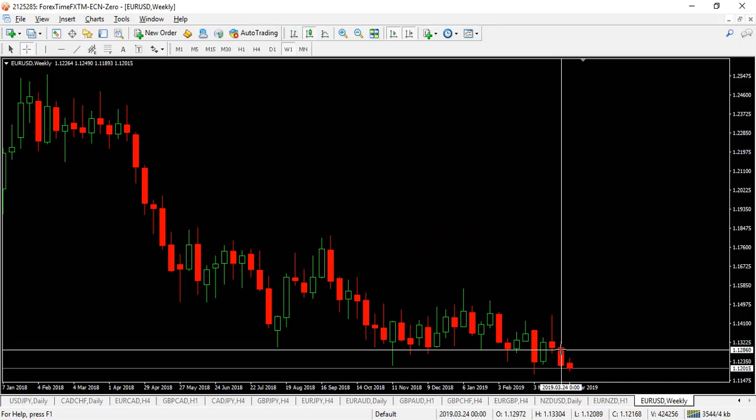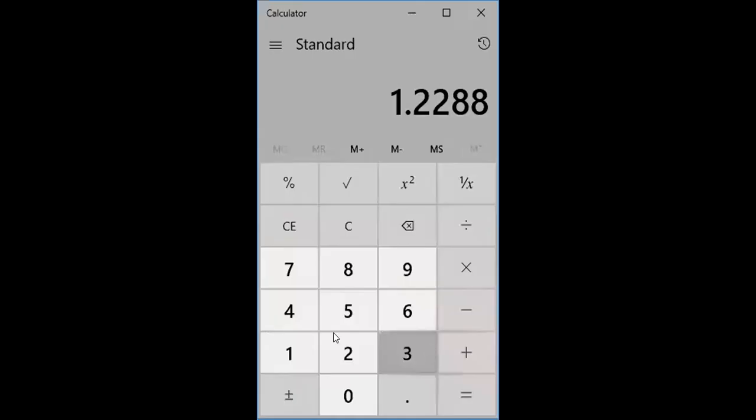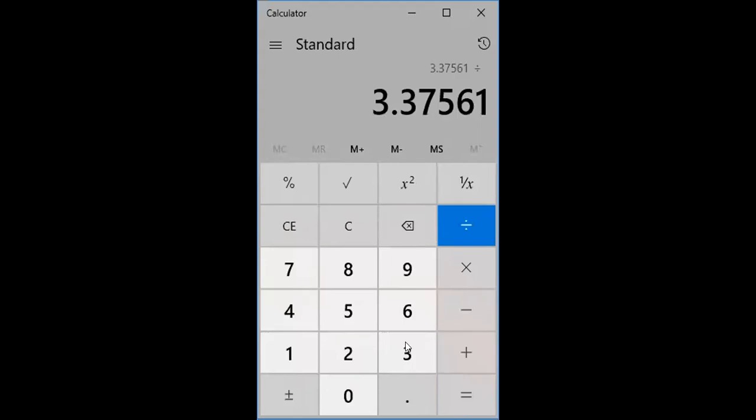Since we have the 3 values, we go to our calculator: 1.13304 plus 1.12089 plus 1.12168, then divide by 3.